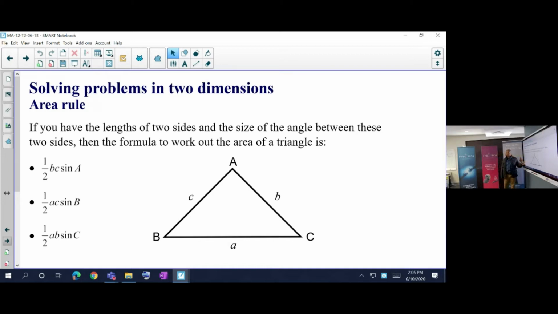So you have to make sure that the angle is in the middle of the two sides that are given.